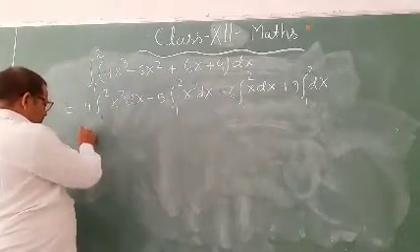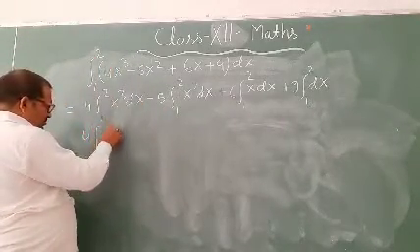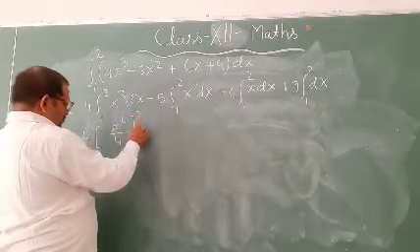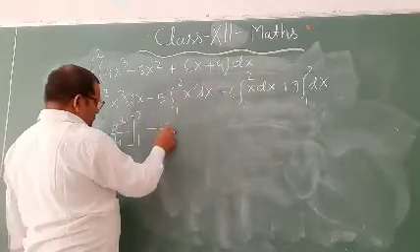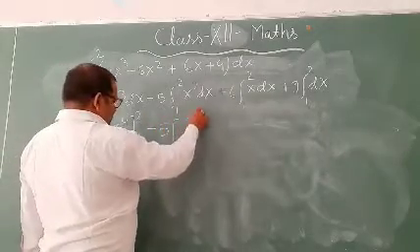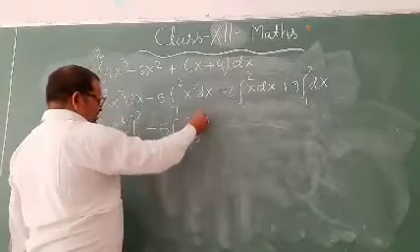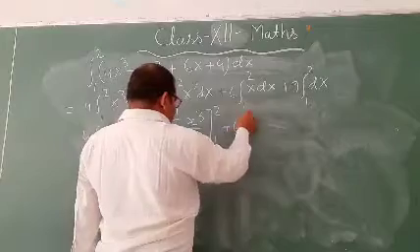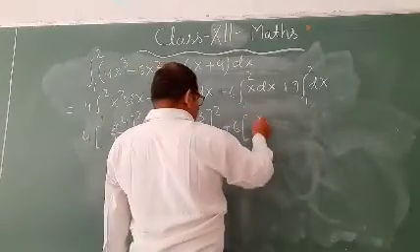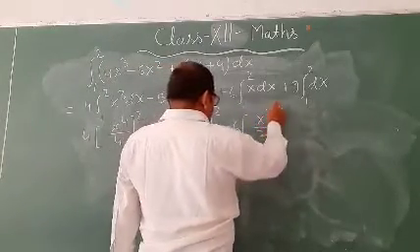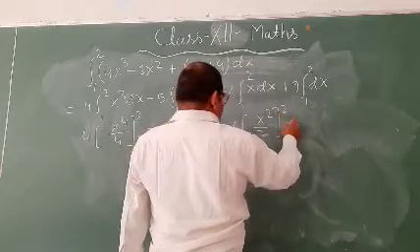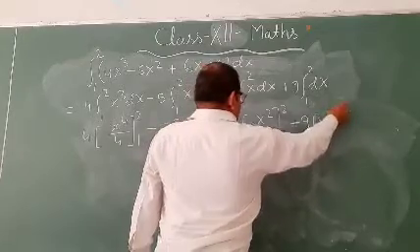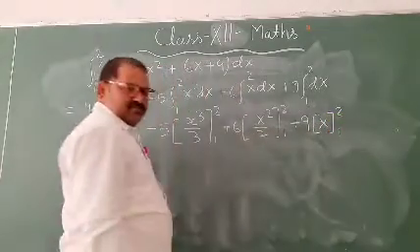That's equal to 4 times x power 4 by 4 from 2 to 1, minus 5 times x power 3 by 3 from 2 to 1, plus 6 times x square by 2 from 2 to 1, plus 9x from 2 to 1.